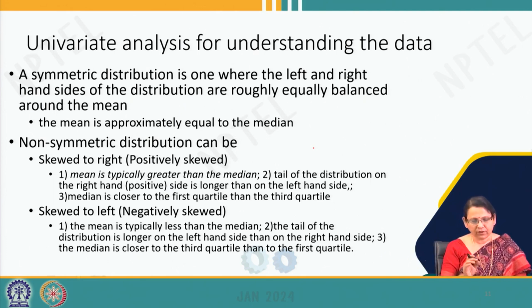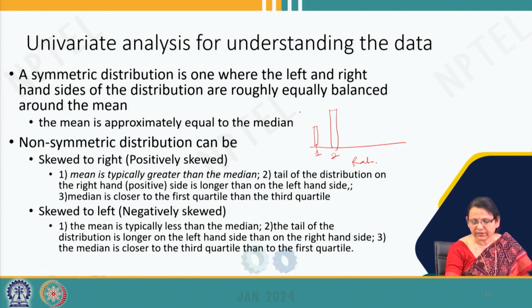For example, let us say you are trying to find out a user's rating. Let us say this is rating 1, this many times rating 2, these are the ratings and this is the frequency, how frequently he has rated.